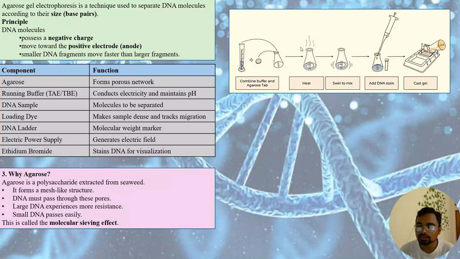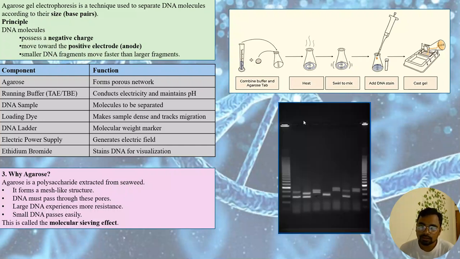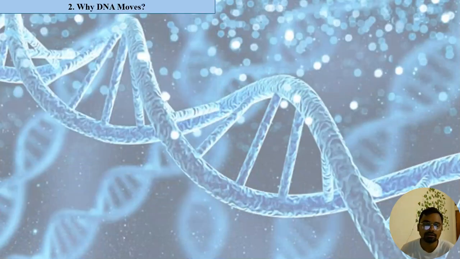We make the solution and heat it, then mix it, add the stain such as EtBr, and pour it for casting. After casting and running the gel, this is the type of result we get. I will discuss this in some later slide.